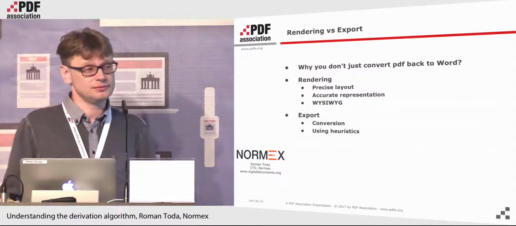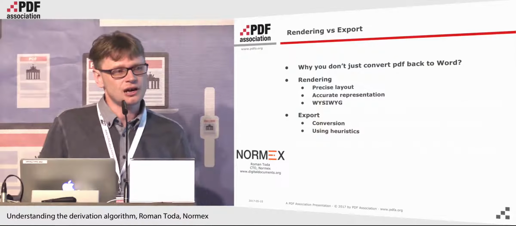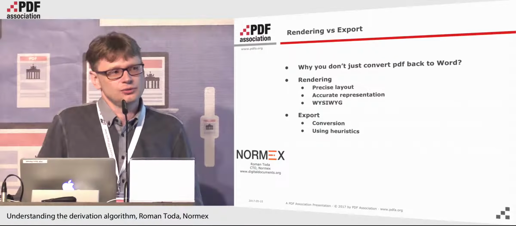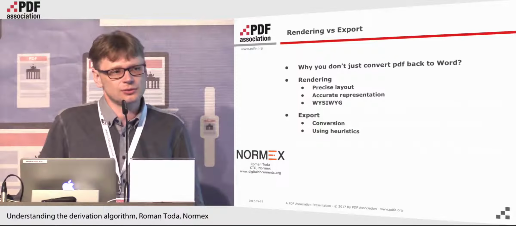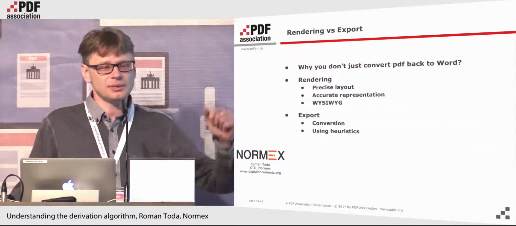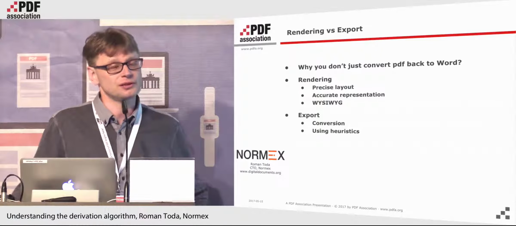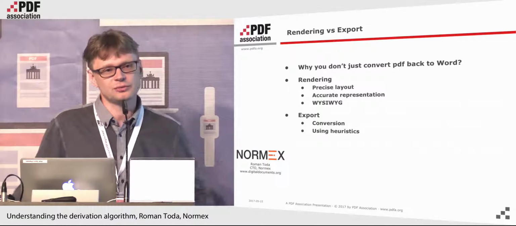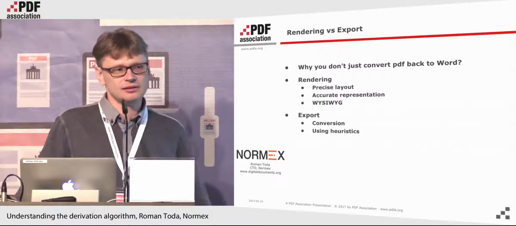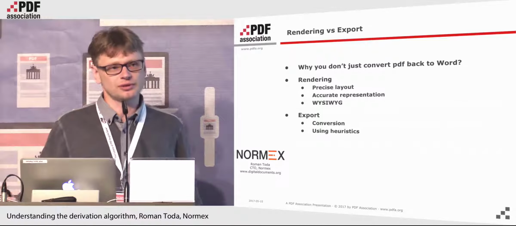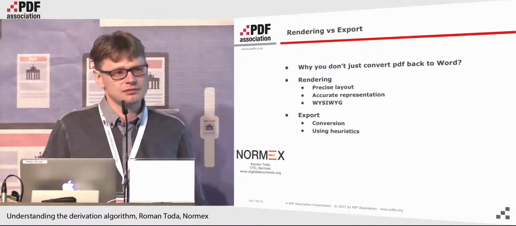And we, as developers, are always asked to provide solutions: just give me that PDF in a different format. Give me back my Word document from that PDF. And that's where export comes into the game.